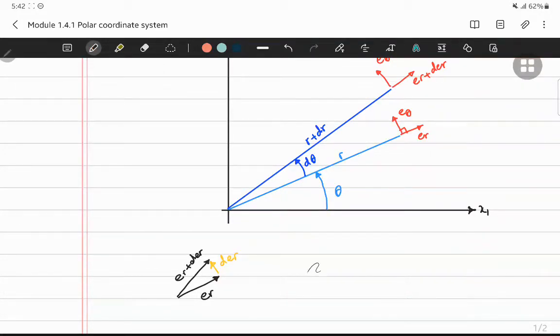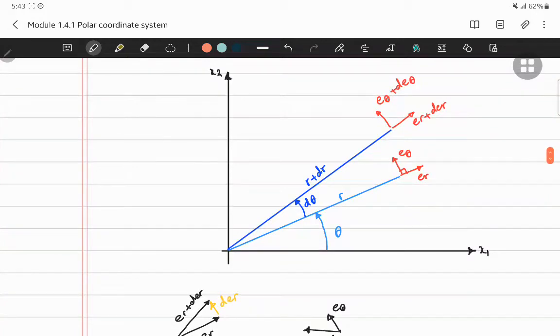And for e theta, we also have the same. So this is e theta, and this is a bit twisted. Oh, sorry, this is e theta plus d e theta from here.